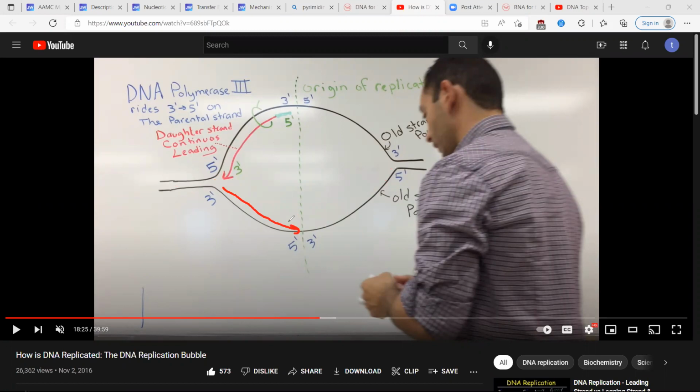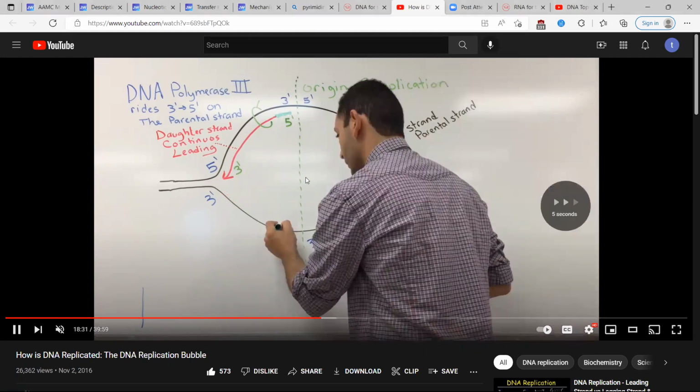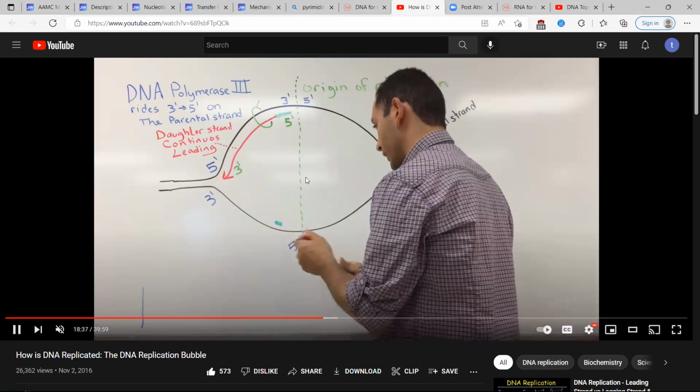Why can we not just do this? Because DNA polymerase 3 reads 3 to 5. It does not read 5 to 3. So we have multiple strands on this end. And that's why this is called the lagging strand. It'll make sense more here because it does it with smaller strands.